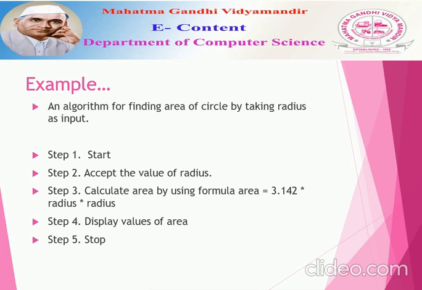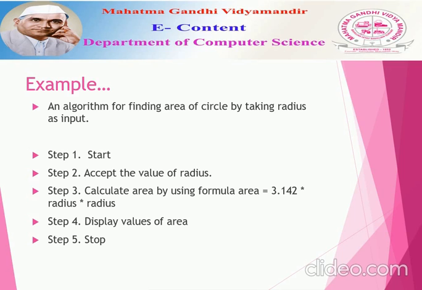For input, we should first know the formula to calculate the area of a circle, right? The formula is pi r square. If you know the value of r, that is the radius, then only you can calculate the area of the circle, right? So the input must be the radius.